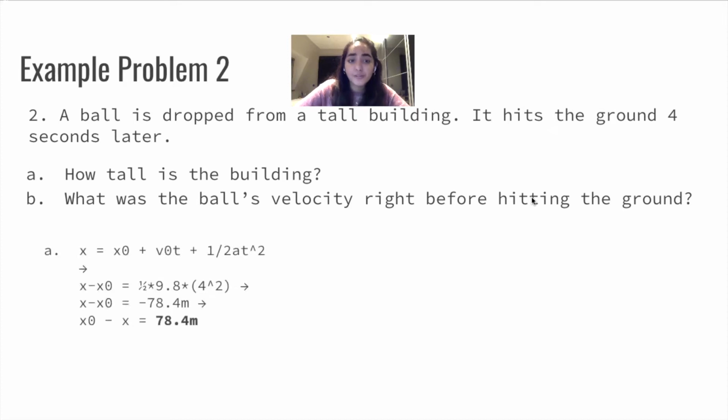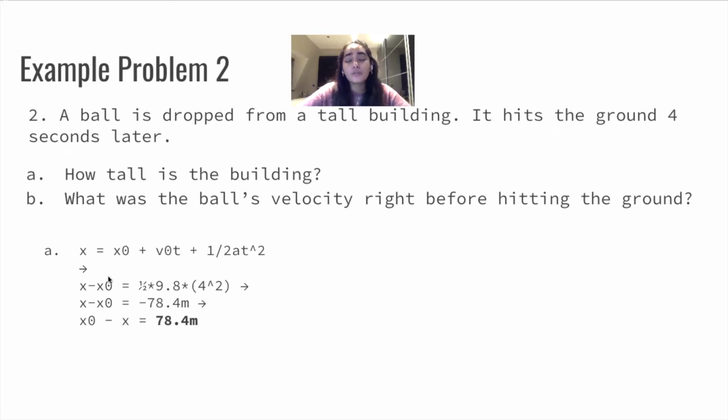So how tall is the building? Again, just like before, find the equation that works for this situation, in which you have all the variables, or at least enough, known. We can see that we have this equation to be used: the final x position is the initial x position plus the initial velocity times time plus half of the acceleration times time squared.